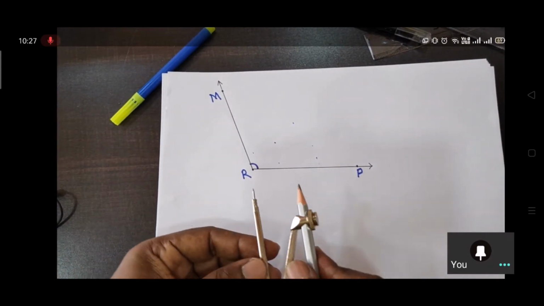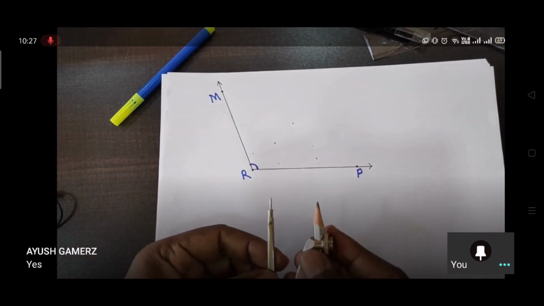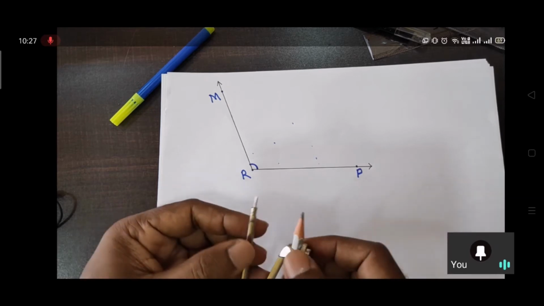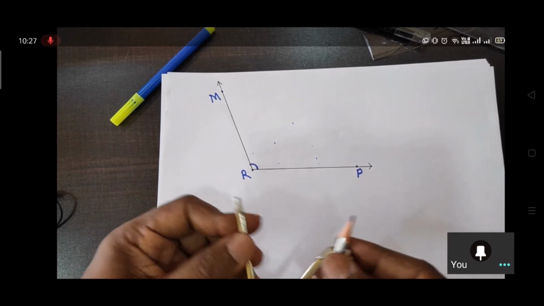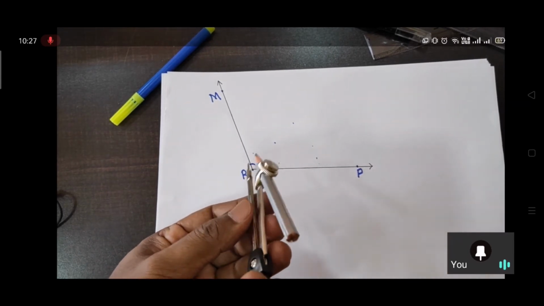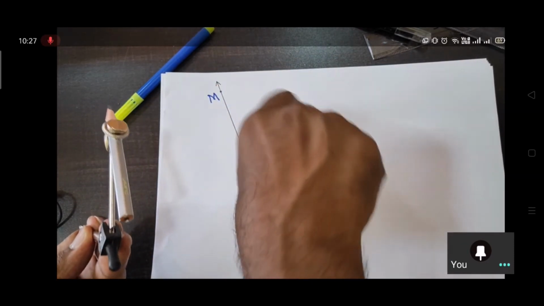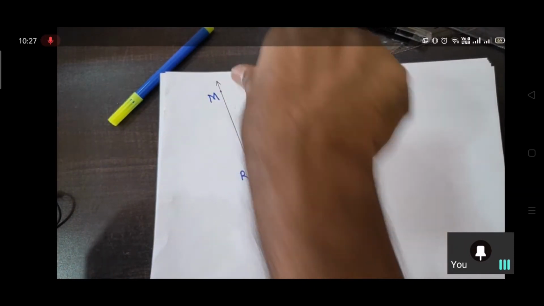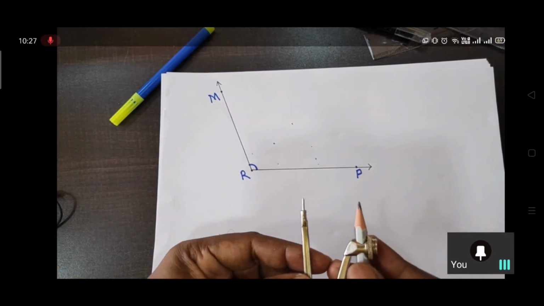Span means the distance between this pointed end and the pencil. The span should not be too small or too big. If we take too small, then you are unable to draw a proper arc. If you take too big, then where will you draw the next angle bisector? So take it appropriate according to the convenience of your angle.